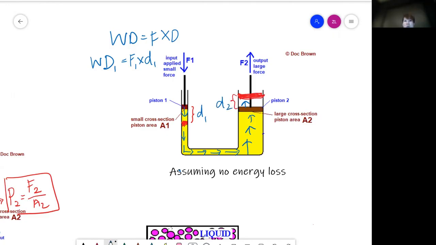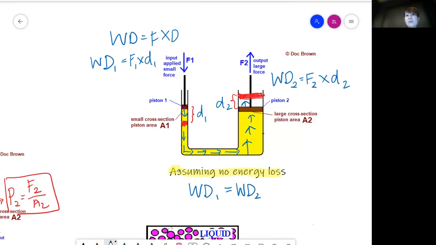If there is no energy loss, let's calculate the work done at piston 2. The work done at piston 2 is force times distance, which is the force created due to the pressure of the liquid, multiplied by the distance moved by piston 2. If there's no energy loss, you can safely say that the work done, or the useful energy conversion, at piston 1 is equal to the work done at piston 2.